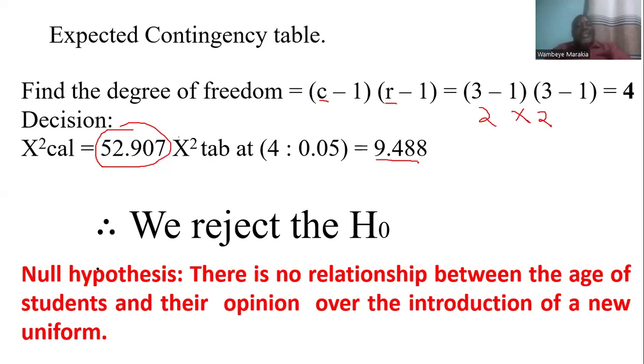So the calculated chi-square is greater than the chi-square from the table. So the decision is to reject the null hypothesis. The null hypothesis says that there is no relationship between the age of the student and the opinion over the introduction of the new uniform. So we reject that and we accept the alternative hypothesis.